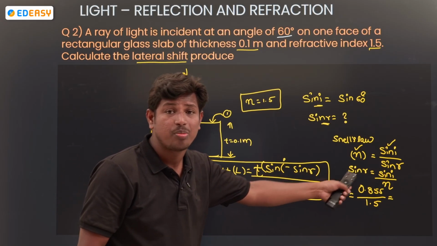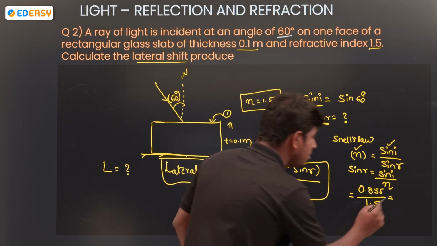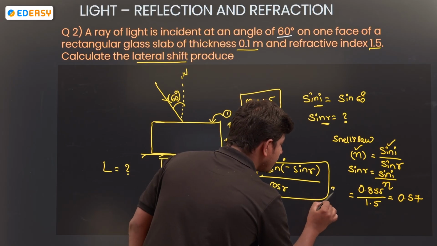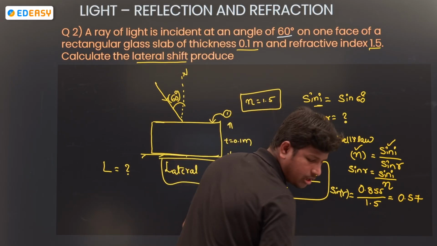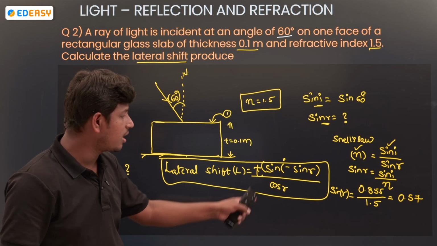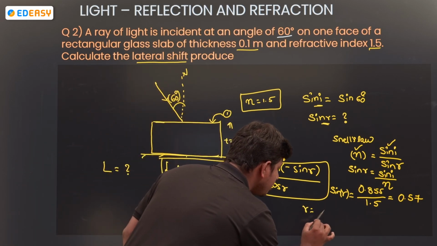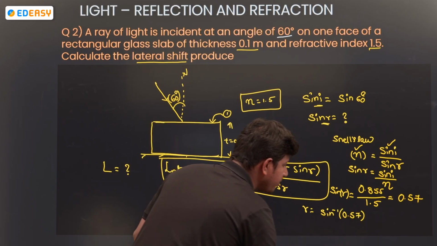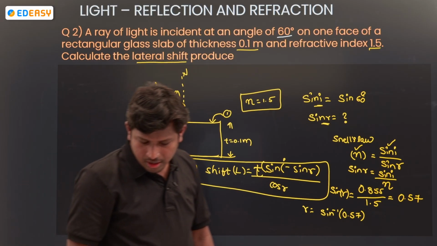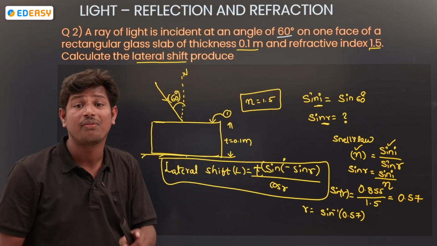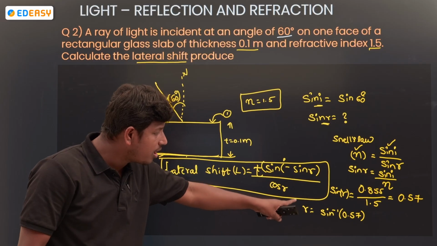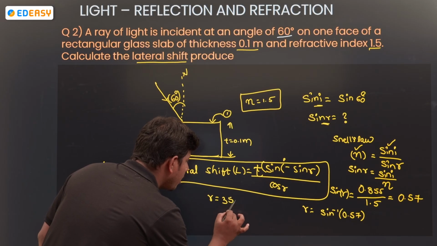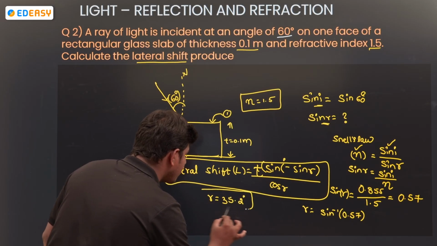That is sin R. Then R is equal to sin inverse of 0.57. Find out the value of R. R value is equal to 35.2 degrees. Okay, what is the refraction angle?